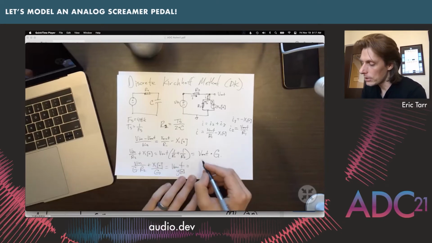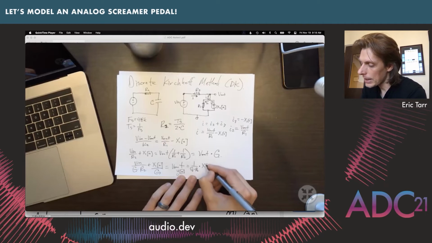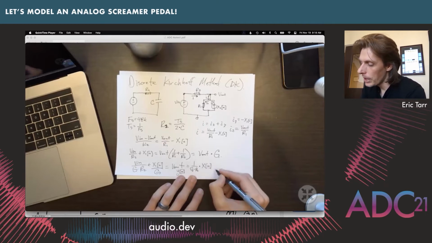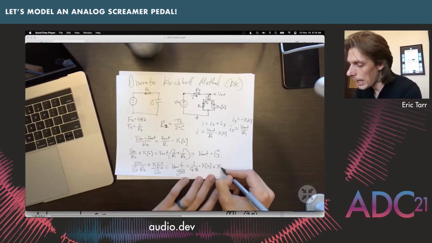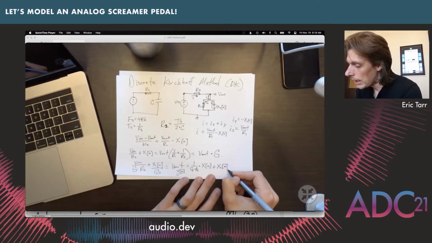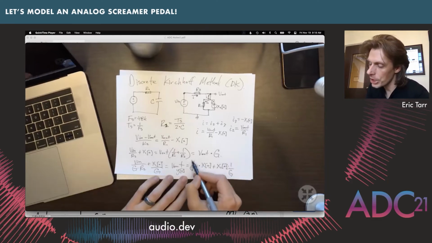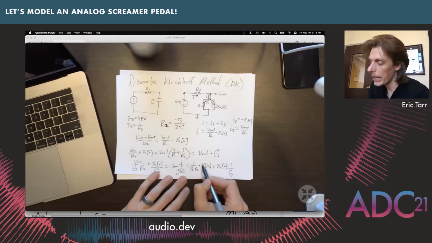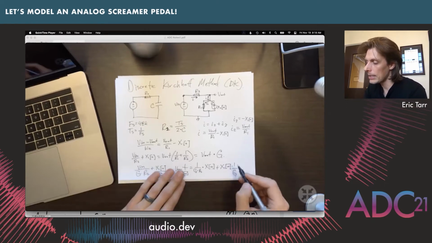So this is going to be 1 over G times R2 times X at that current sample, plus our delayed sample, a way to think about it, our state, X1 times 1 over G, like this. So this is a coefficient that we can calculate and multiply by this sample here, and this is another coefficient that we can calculate and multiply by this state in the past.